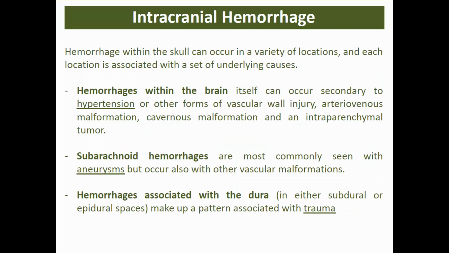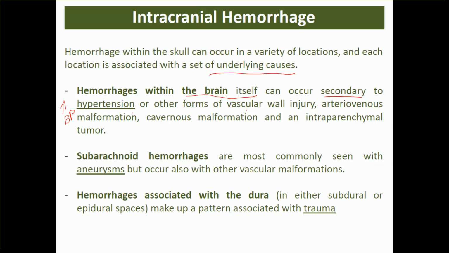Now hemorrhage within the skull can occur in a variety of locations, and each location is associated with a set of underlying causes. So hemorrhages within the brain itself can occur secondary to hypertension. So if you have increased blood pressure, there can be hemorrhages.